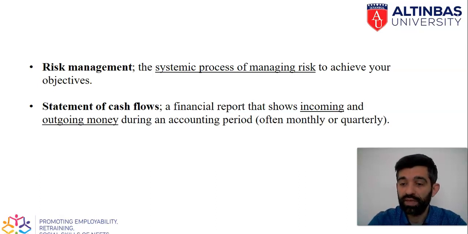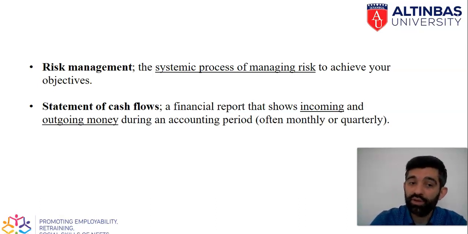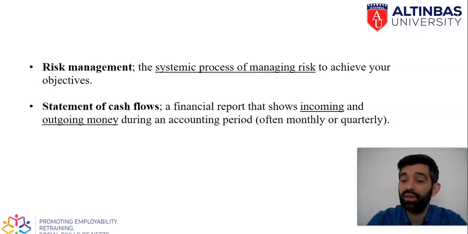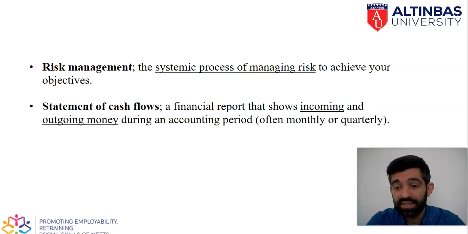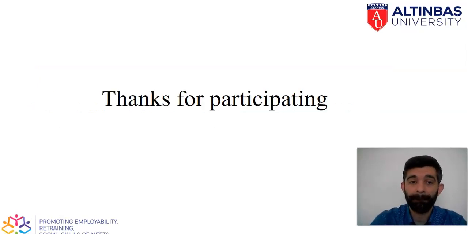It's one of the important discussions in business life. Statement of cash flows is a financial report showing incoming and outgoing money during an accounting period. This accounting period can be monthly, or sometimes quarterly.